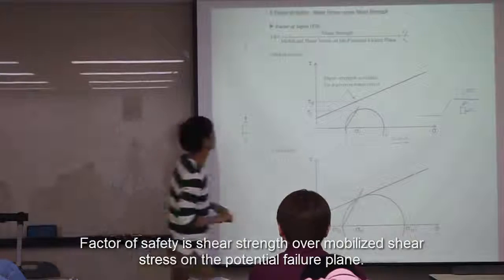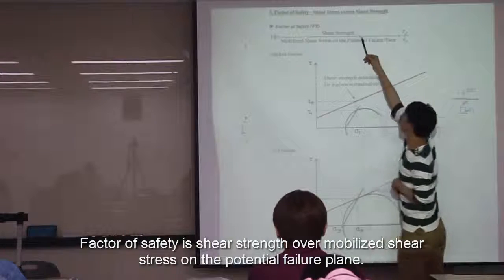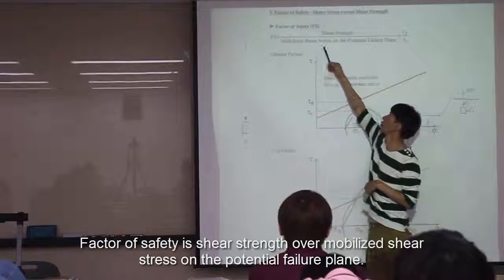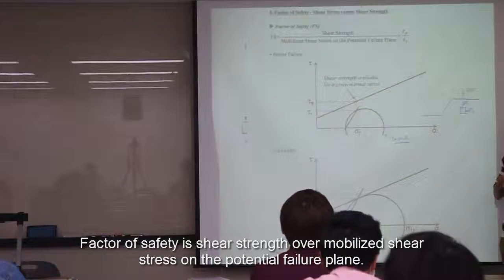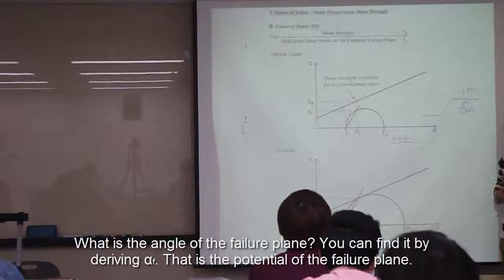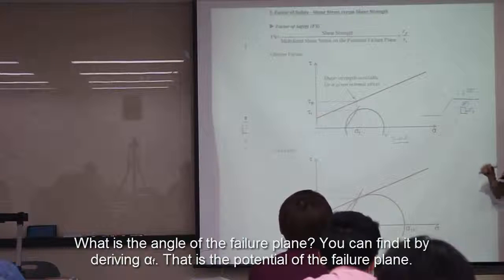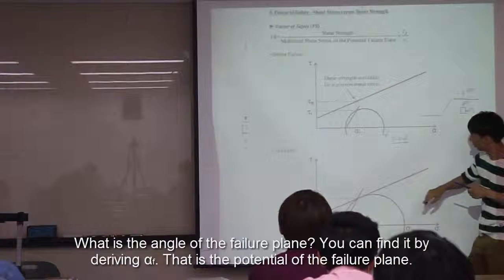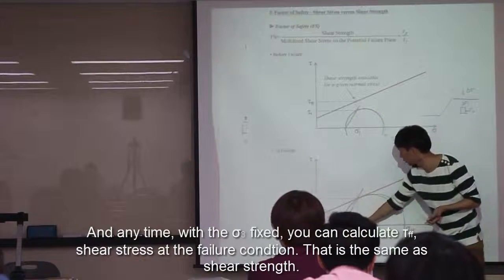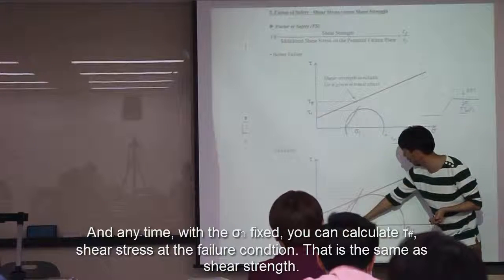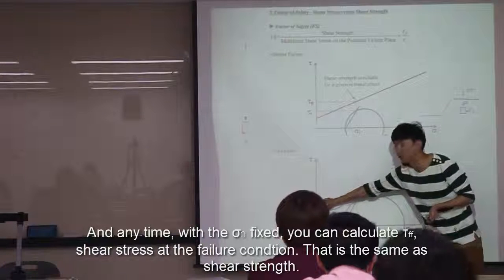So factor of safety is the shear strength over the mobilized shear stress on the potential failure plane. Where is the potential failure plane? What's the angle of the failure plane? We need to derive it, right? Alpha f was 45 plus phi over 2. Right? That's the potential failure plane. And anytime, if the sigma 3 is fixed, we can calculate this tau_ff.